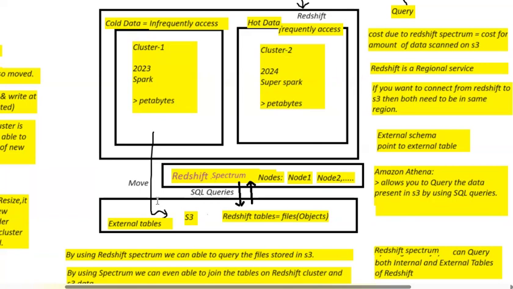External tables means if you store tables of your Redshift under S3, then we call those tables external tables. By using Athena, you are allowed to query your data present in S3 by using SQL queries, right? Yes. So let's see some more detail about Athena.